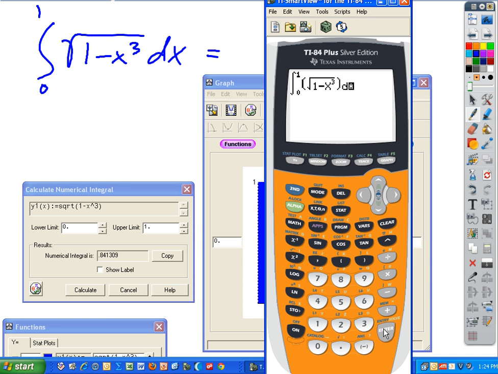Right. Now, did you notice that it took the calculator a while to think about that? It didn't do that before. Just do it 2 times and let us compare.